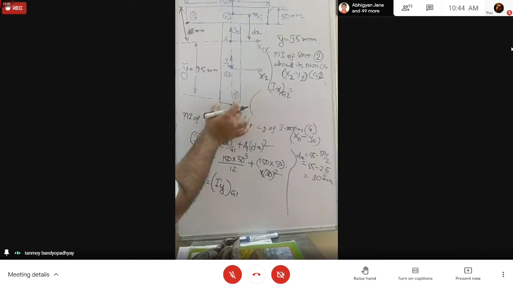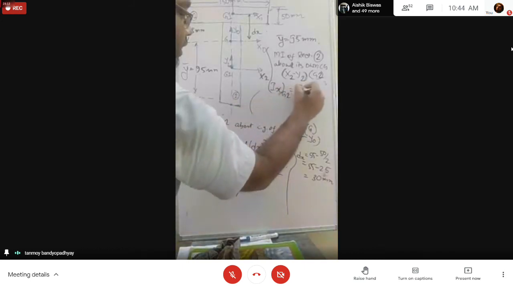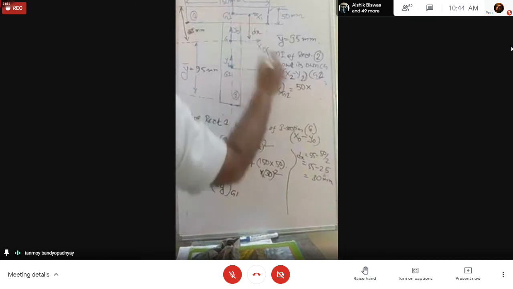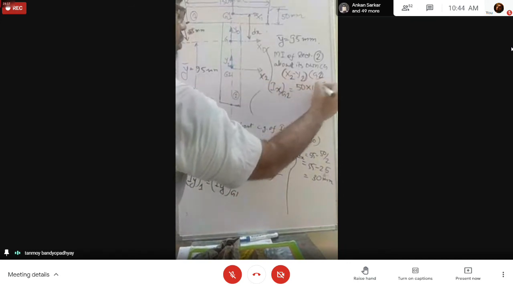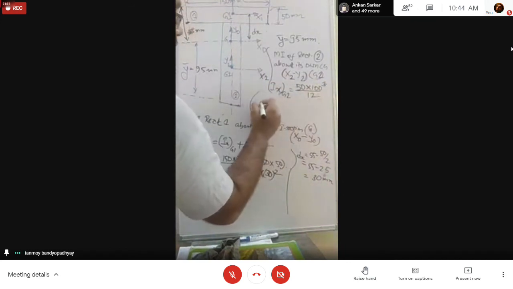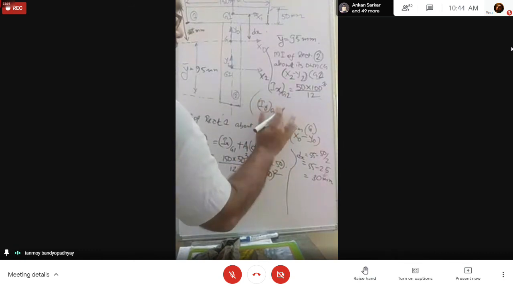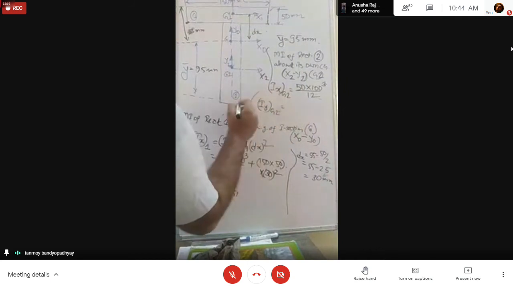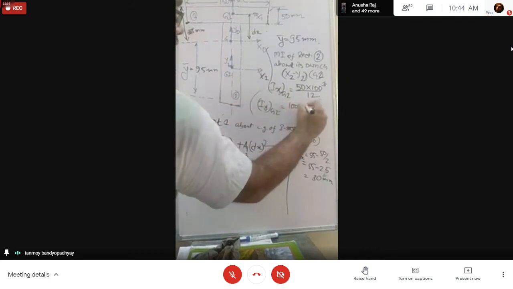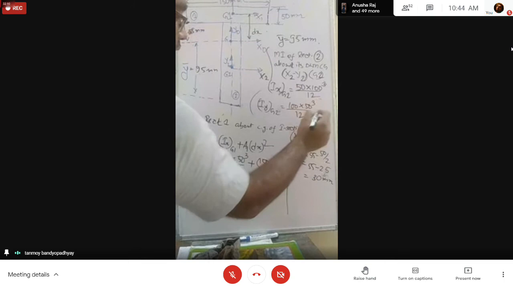Base is this one, 50, so 50 into d cube, where d is 100, so bd cube divided by 12. And similarly Iyg2 will be equal to db cube by 12, so depth 100 into b cube divided by 12.